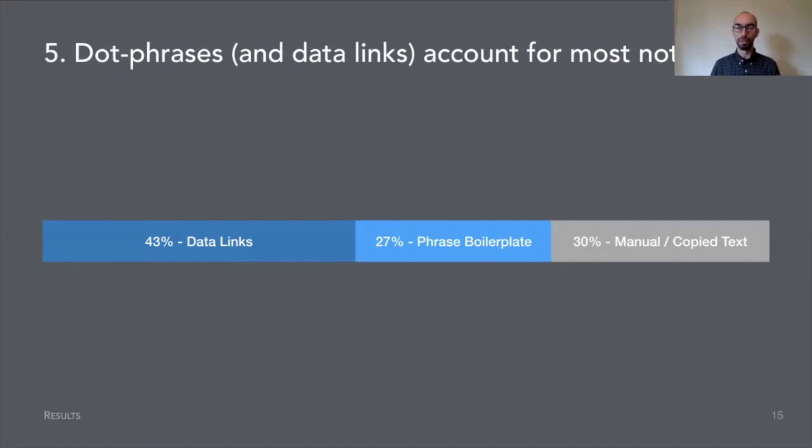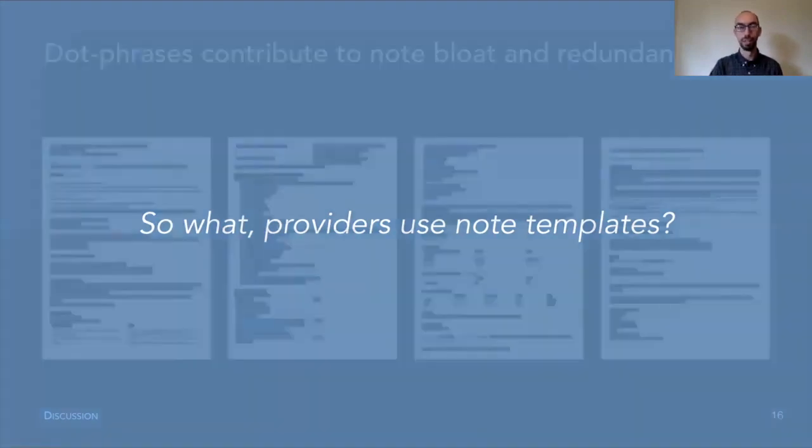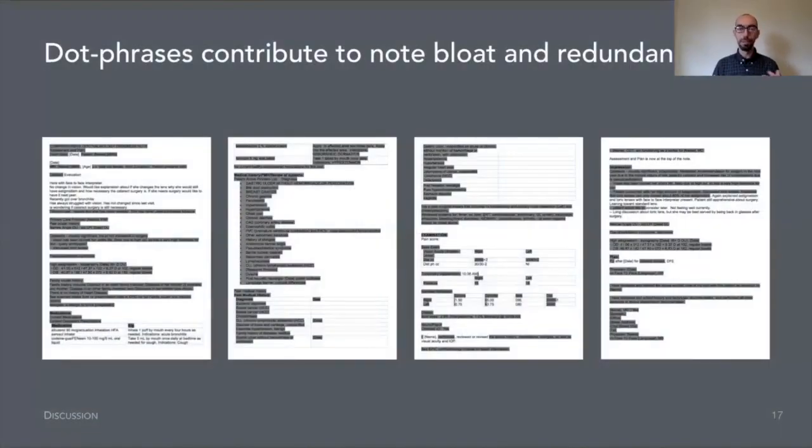Now, we've shown a fair amount of data about the use of dot phrases in one context, and you might rightly be left asking, so what? Providers use note templates. Is that really all that insightful? And I think there's a couple of discussion points or implications both for practice and researchers coming out of this work. For practice, it shows maybe where some of this note bloat and redundancy is coming from.